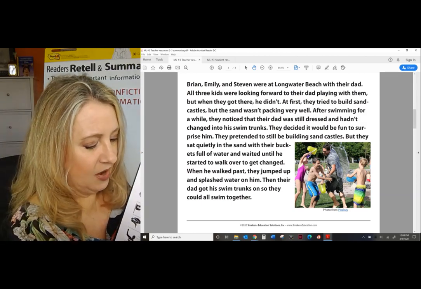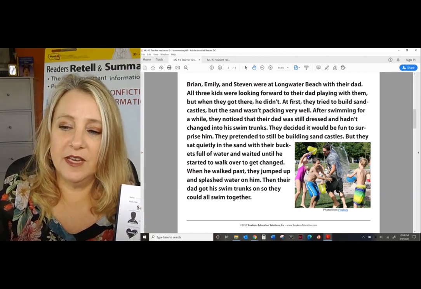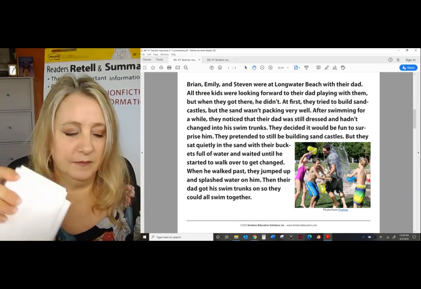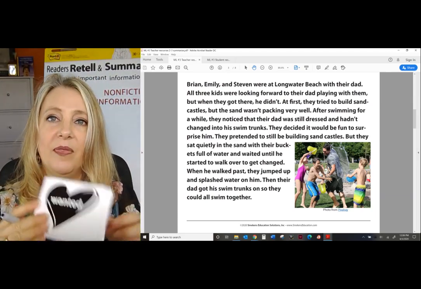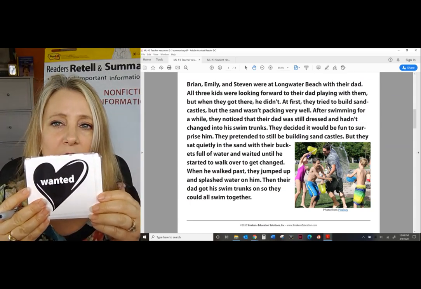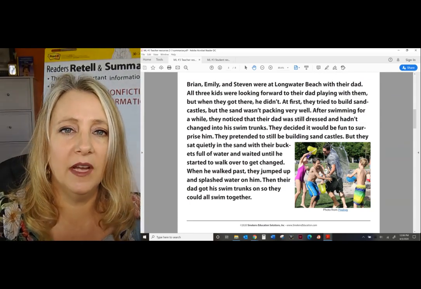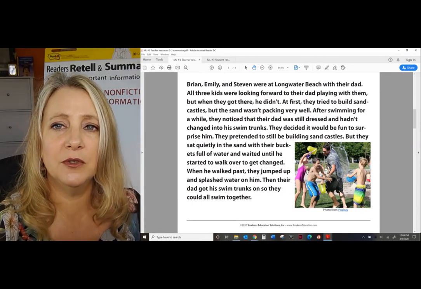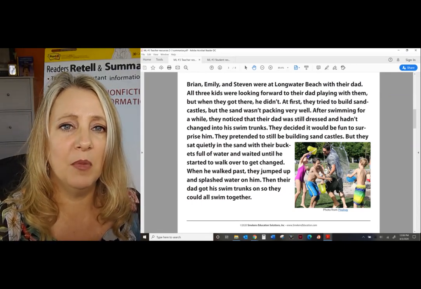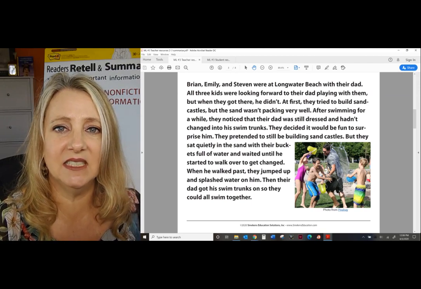Okay. Now, let's look at the next piece. Let's look at what they wanted. What did they want? All 3 kids were looking forward to their dad playing with them, but when they got there, he didn't.